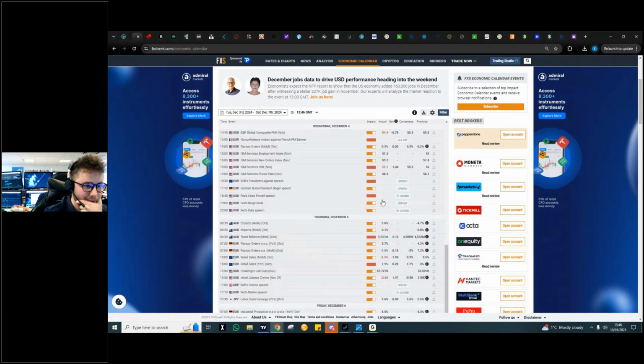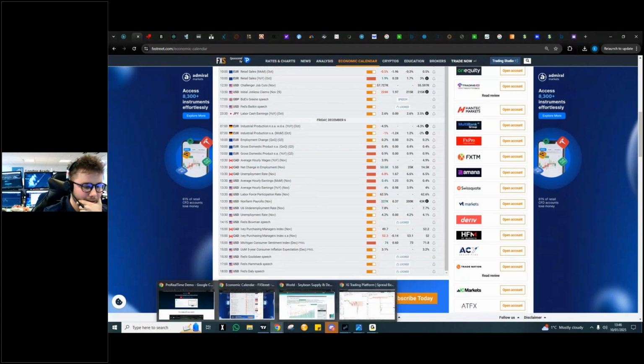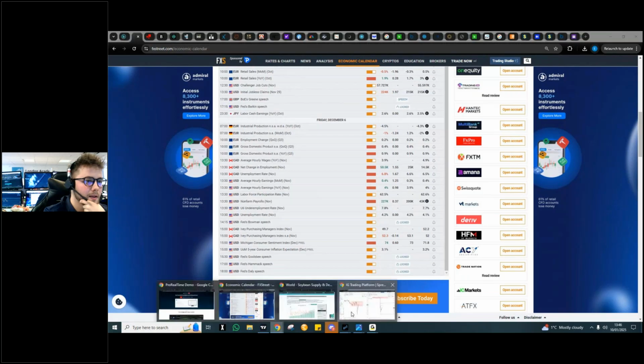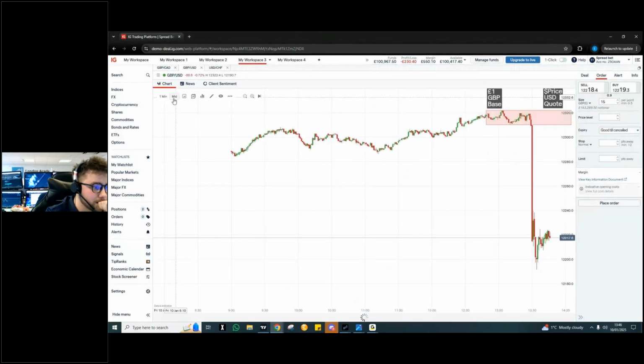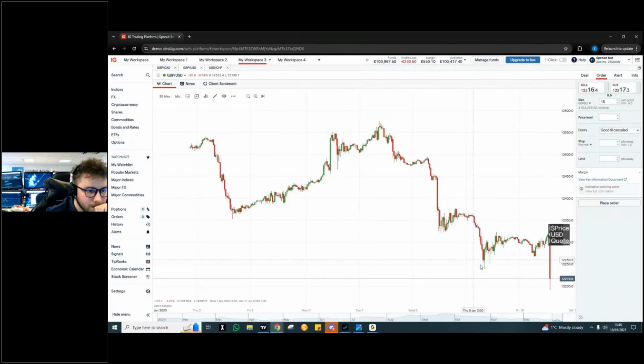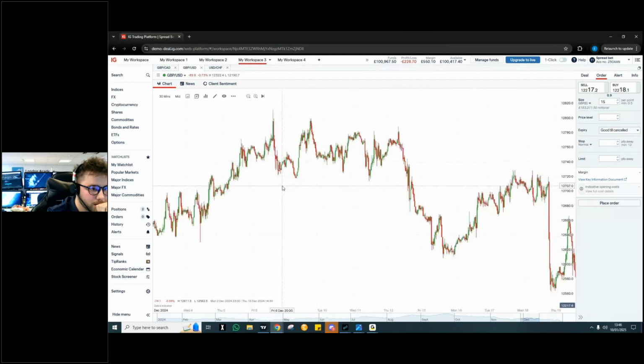So the last non-farm payroll we had came in above 200,000 at 227, average hourly earnings 4%, and unemployment holding steady. When was it? The 6th of December.